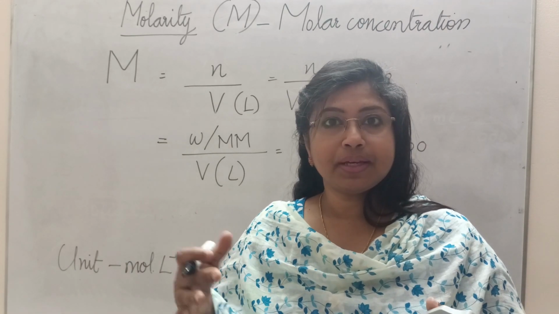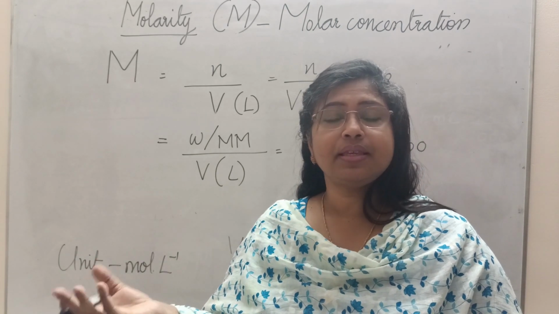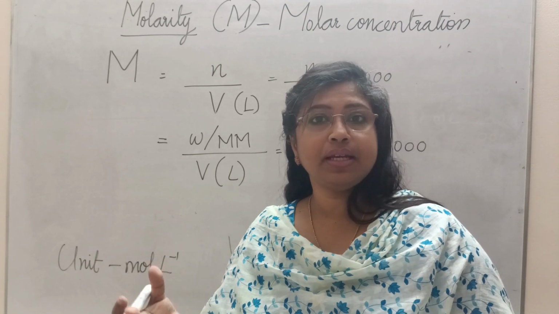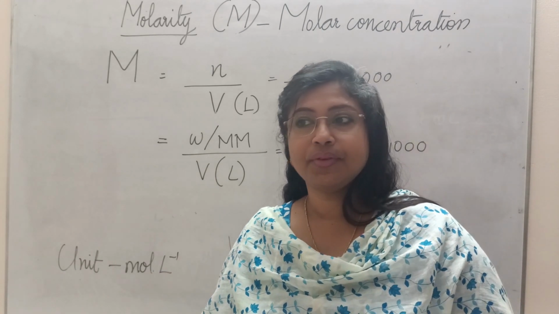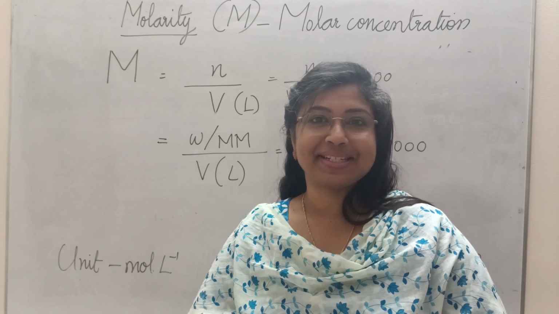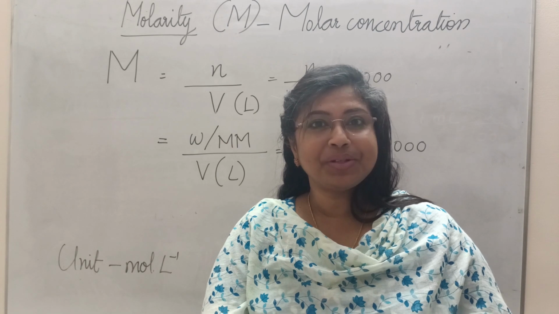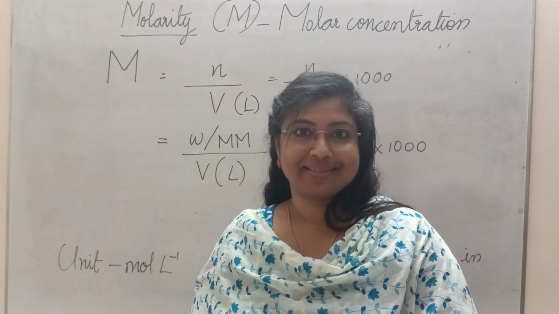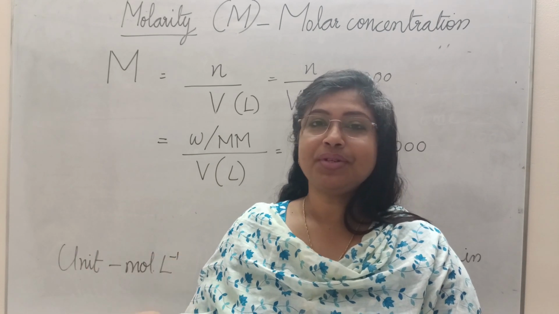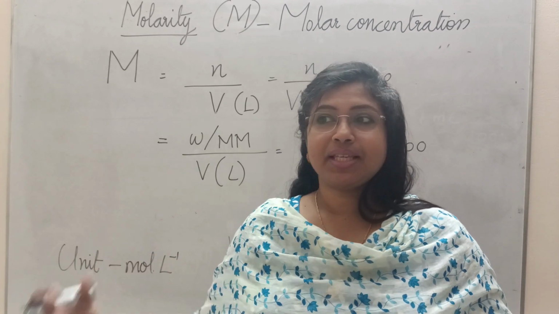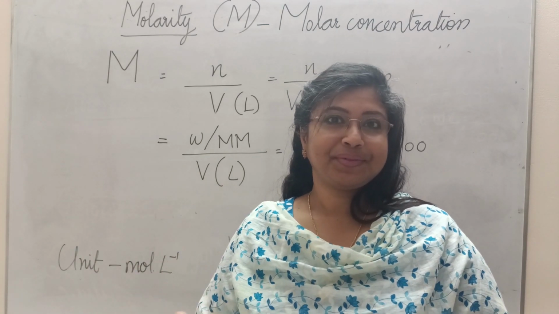Now you can prepare solutions of different concentrations. It is not necessary that you have to dissolve the solute in 1 liter. You can also take smaller volumes like 50 ml, like 100 ml, like that. So if one group is working with the sodium chloride, another group can take sugar. The only difference is when you calculate the number of moles, you will take the molar mass of the solute you have chosen. Fine?